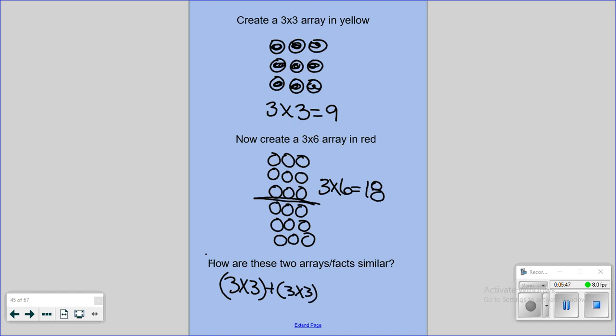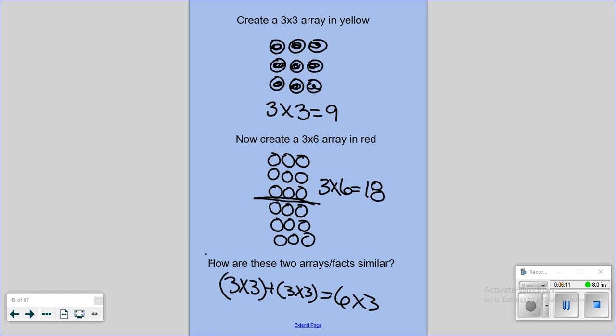So I have 3 groups of 3 plus another 3 groups of 3. And I end up with 6 groups of 3 or 3 groups of 6, however I want to do it. That's a lot of math language happening right there.